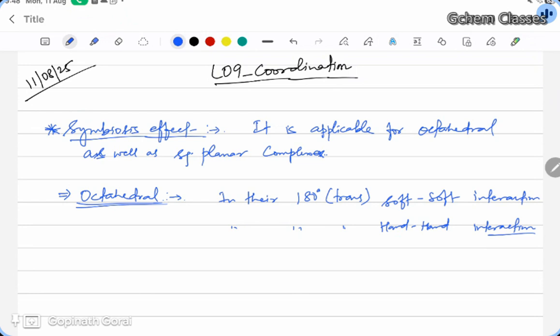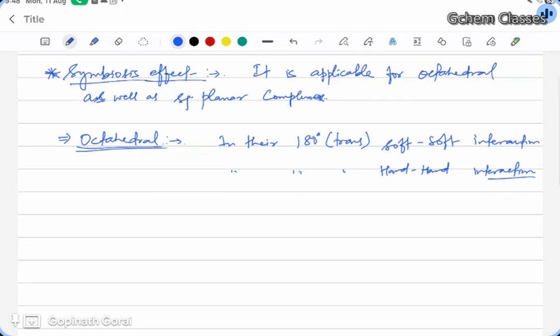Either it should have soft interaction or hard interaction for an octahedral complex, because we are discussing the octahedral complex right now.